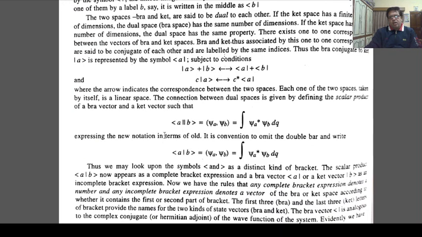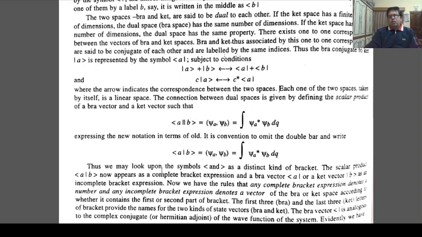The notation with double vertical lines is omitted. It is convention to omit the double bar and write bra A ket B equals psi A, psi B in small brackets, equal to integral psi A star psi B dq.